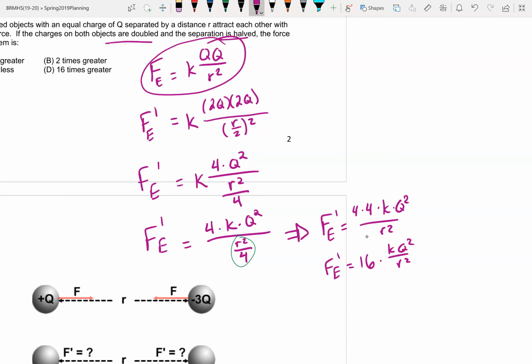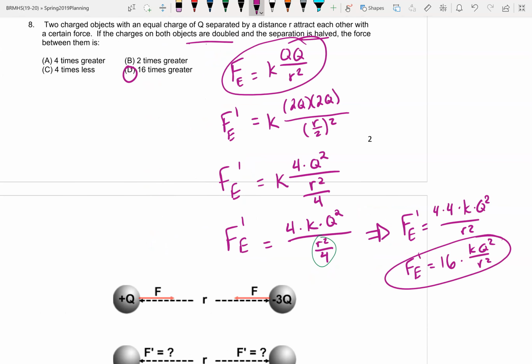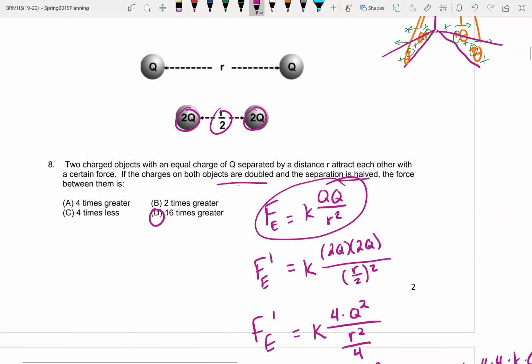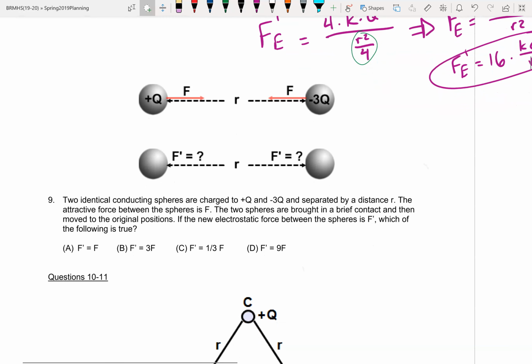There's our original one, KQ squared over R squared, and now we have 16 times that. So it's 16 times greater. We increase the amount of charge, so that increases the force, and we decrease the distance, that also increases the force, so we're increasing the force a lot, specifically 16 times greater.